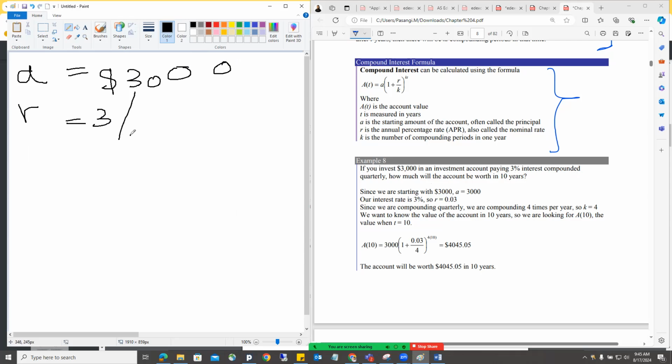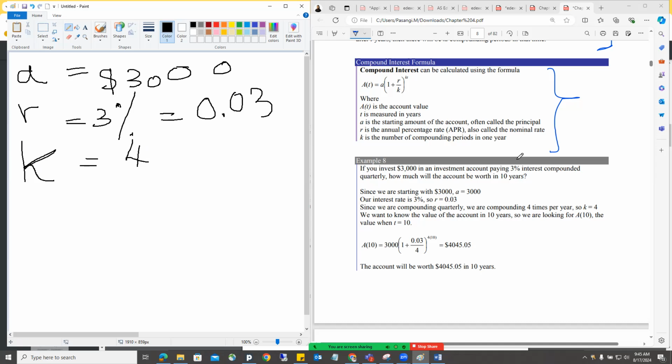R is 3%, right? That's the rate. If I convert it into decimal, it would be 0.03. Now quarterly means per year, how many quarters are there? 4. Then K would be 4.